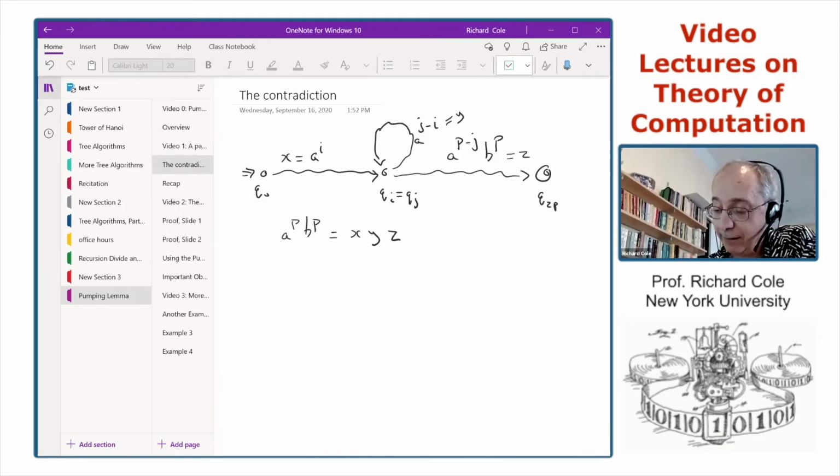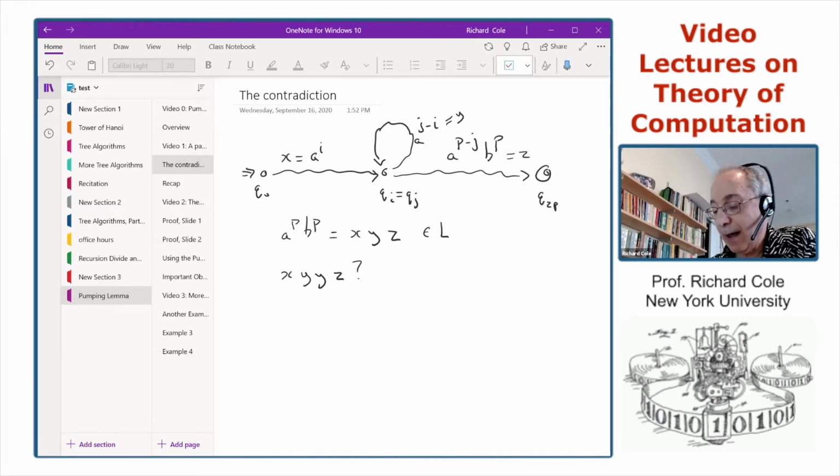And xyz is in L. Now, this picture, this graph, shows a set of paths that exist in our finite automaton. So let me ask, what happens if I read the input string x, y, y, z?